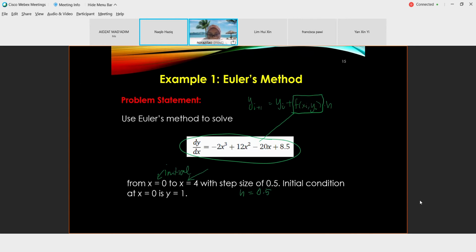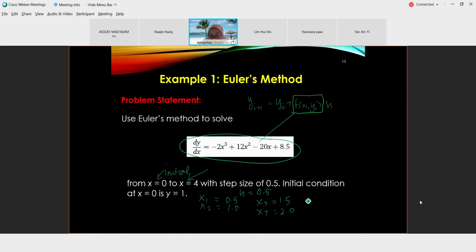X equal to 0 tu yang iteration yang pertama, sampai x equal to 4. So maksudnya x1 ini 0.5, x2 1, x3 1.5, x4 2.